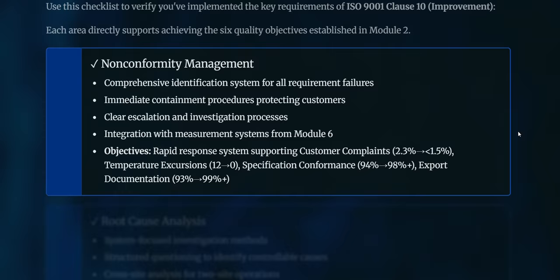The objective here with nonconformity management is a rapid response system supporting the customer complaints objectives, temperature excursion elimination, specification conformance enhancement, and export documentation accuracy enhancement.